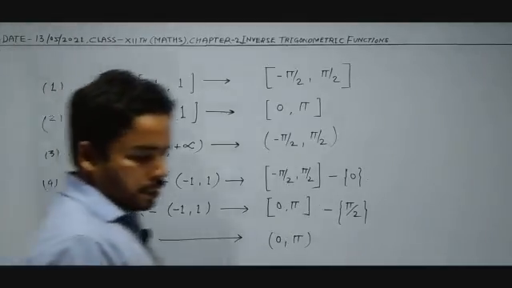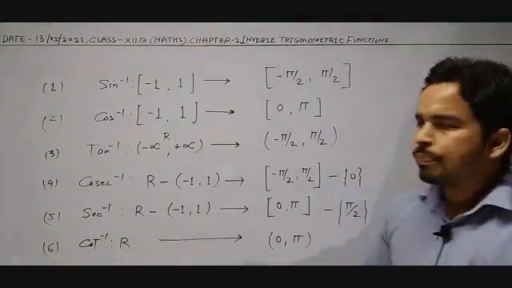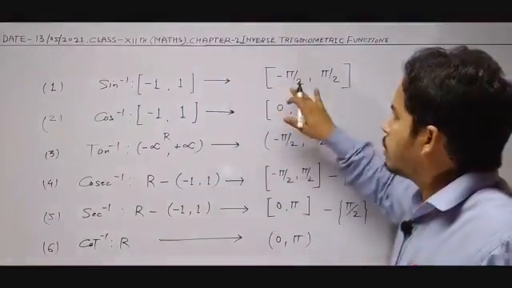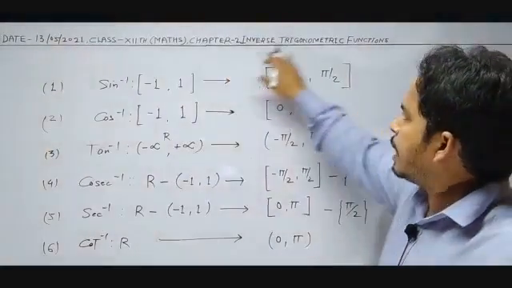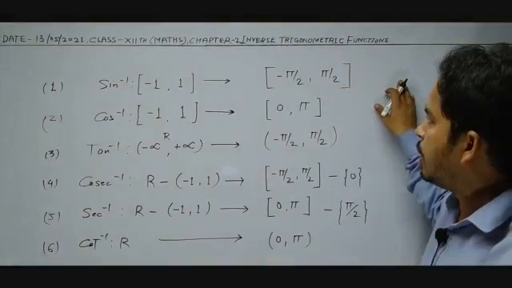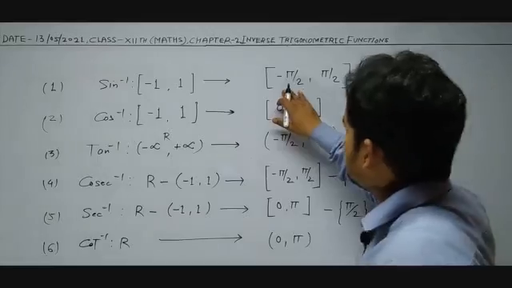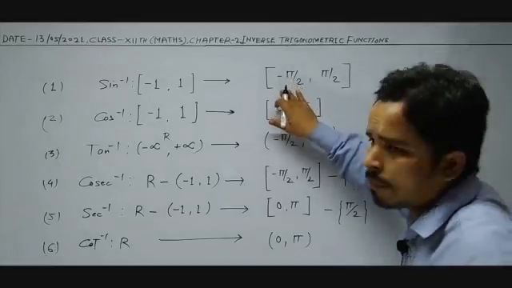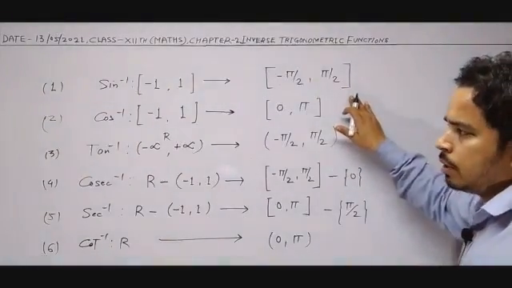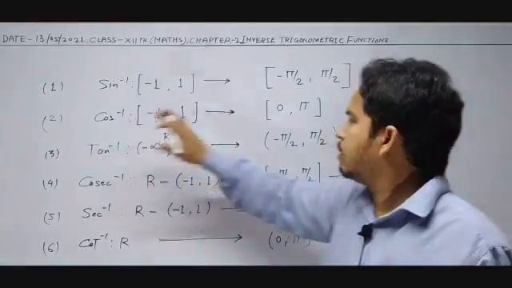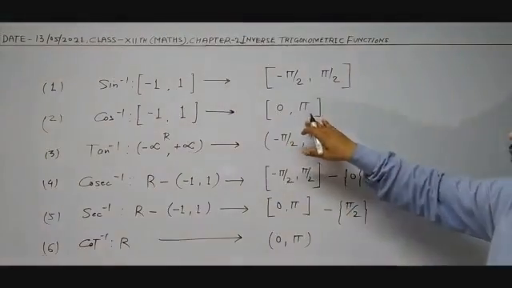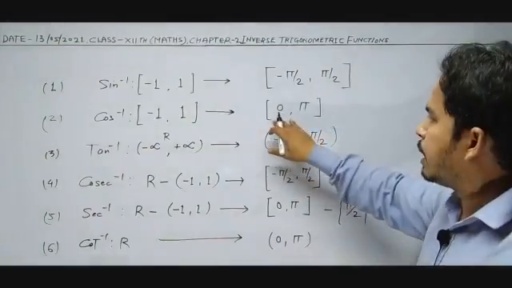Now student, see, sine inverse domain, this is range, and this range part is known as principal value branch. Means result is coming from minus pi by 2 to plus pi by 2. This is the principal value branch. Similarly for cos inverse x, the principal value branch is from 0 to pi, within closed intervals.